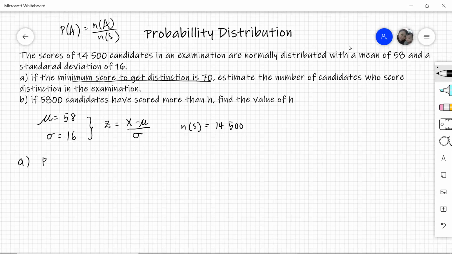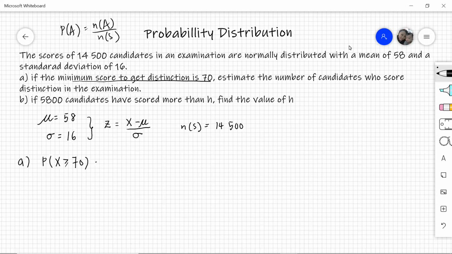The probability to get distinction is when the marks must be more than 70. You can put greater than or greater than or equal to, up to you. Nothing wrong, but normally in normal distribution, we will just use the greater than. The greater than and greater than or equal to in normal distribution have no difference.